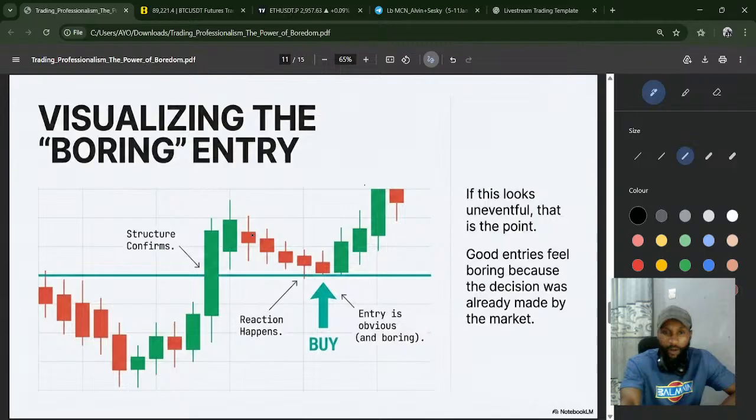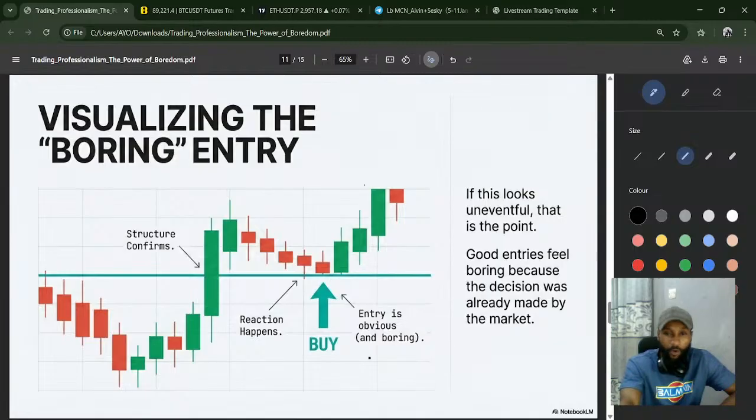Here you can see the reaction happens once it reaches this range. Price goes up, then starts coming down, and once it reaches this range, a reaction happens and it goes back up. This is where the confirmation has happened, so this is where you now take your trade.